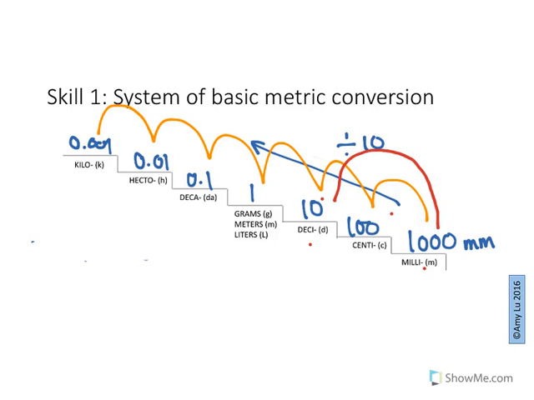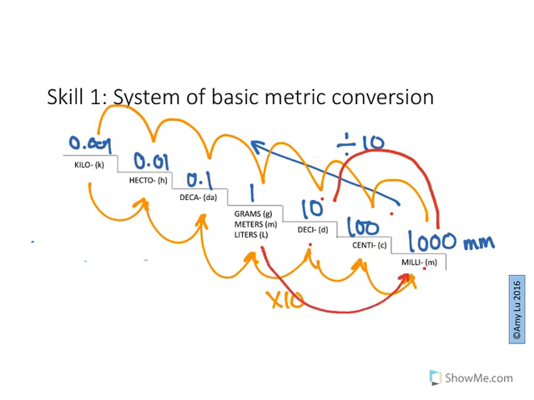Now, when we go the other way, you have to multiply by 10 each time. So if I'm going from, for example, grams to milligrams, I'm going to multiply it by 10 once, 10 twice, 10 thrice.